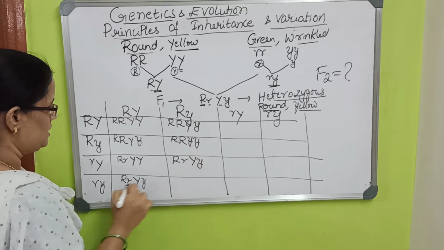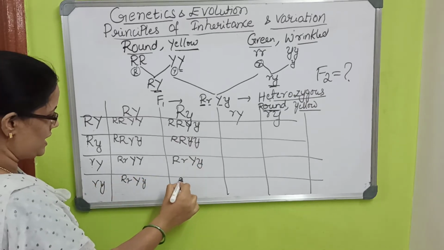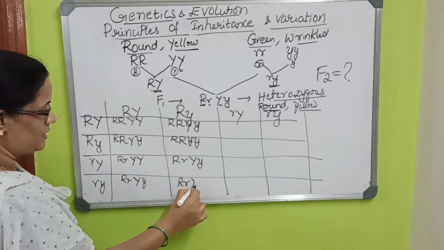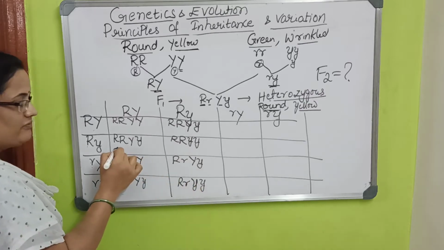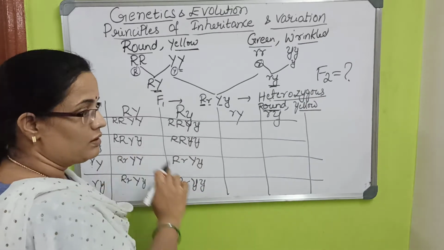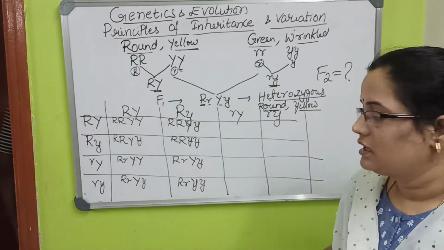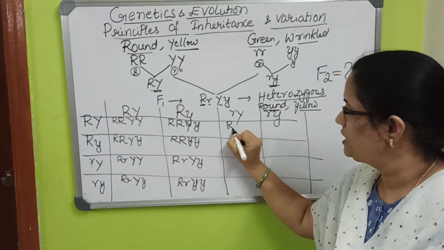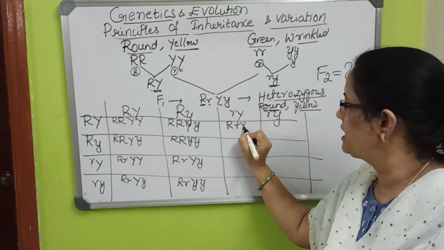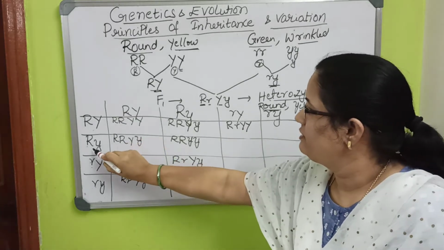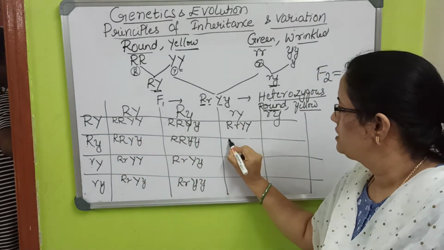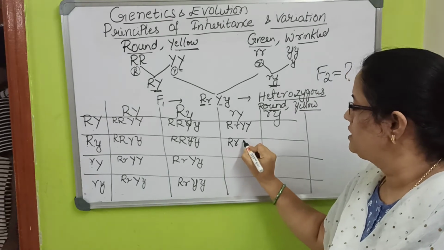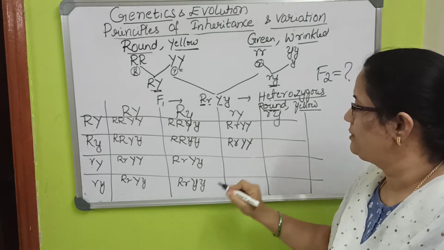And the last one has capital R and small y's both. Even when they are crossing, this one is capital R, small r and capital Y, small y. And when this and this are crossed, both are capital Y's.